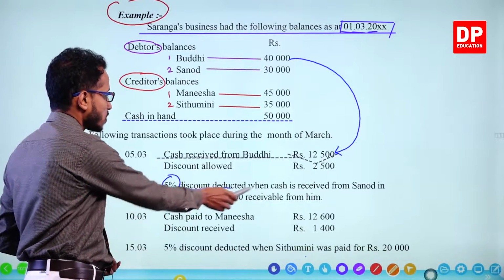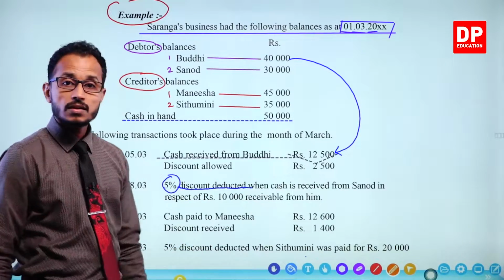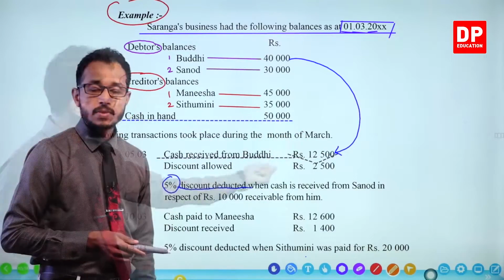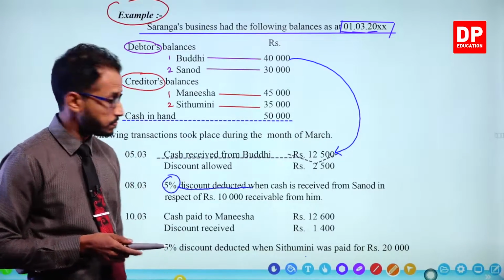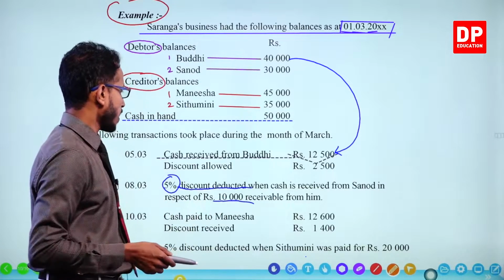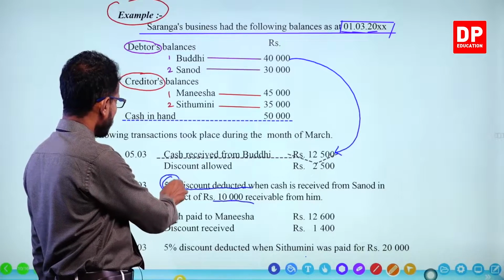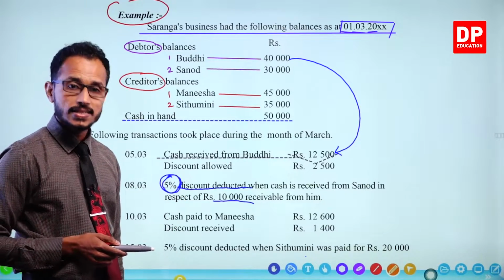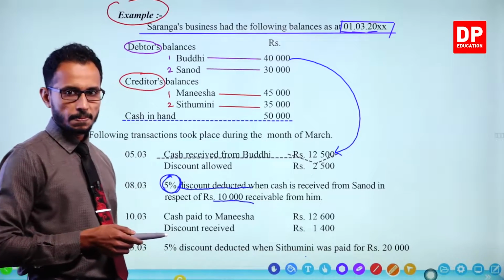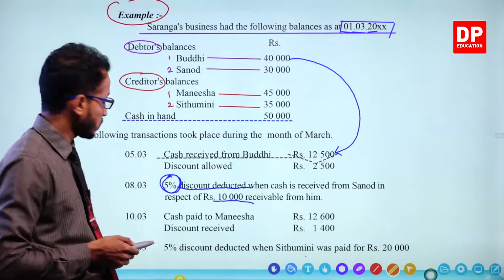Discounts deducted when we collect cash. We have received 10,000 and 5% discount has been deducted. We can record that with the discount.